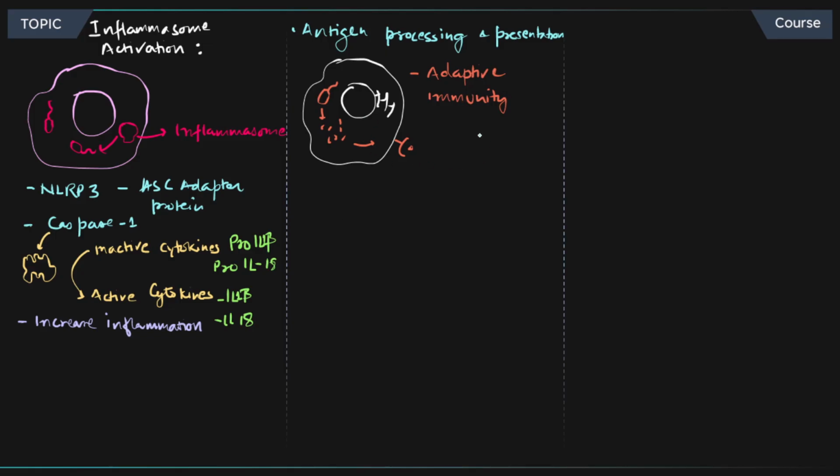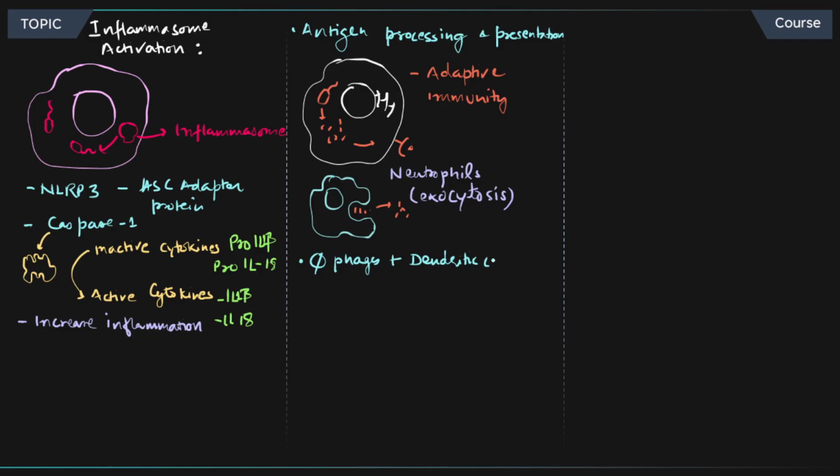In case of neutrophils specifically, the presentation is not going to happen, but exocytosis, all those components are going to be thrown out. So neutrophils will cause exocytosis, but antigen presentation will occur in dendritic cells and also in your macrophages. Macrophages and dendritic cells, they will cause the antigen presentation.